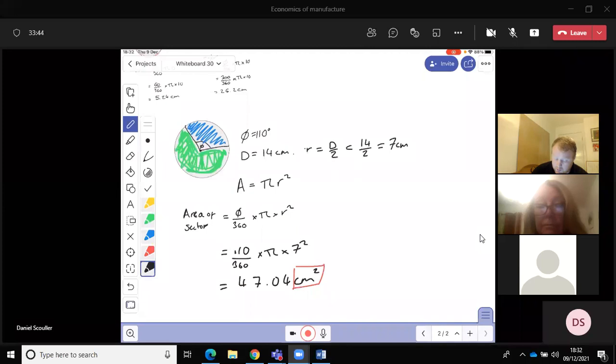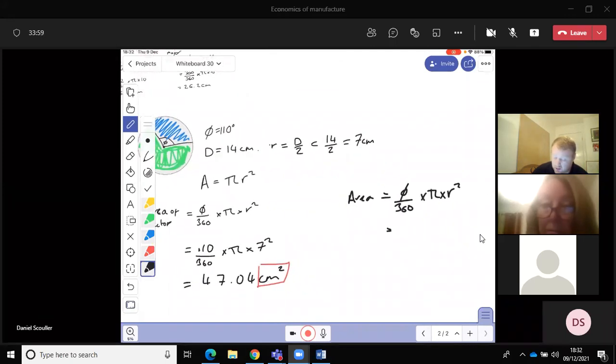Okay, so the area of the bigger sector. Same equation: the angle over 360 multiplied by pi multiplied by r squared. r doesn't change. The angle this time is just going to be 360 minus the 110, which gives us 250.